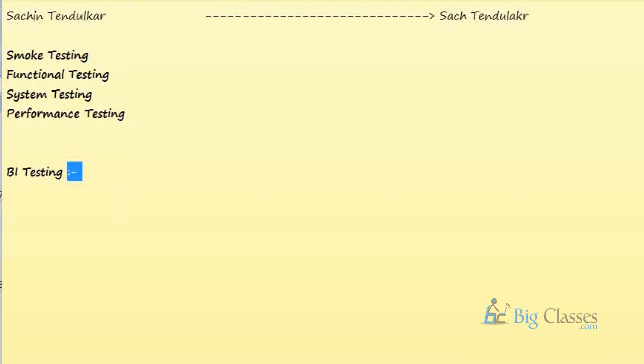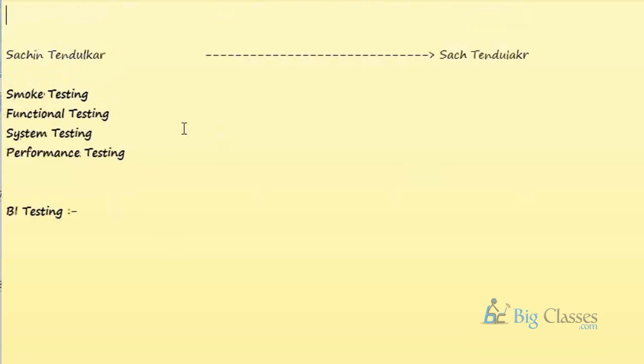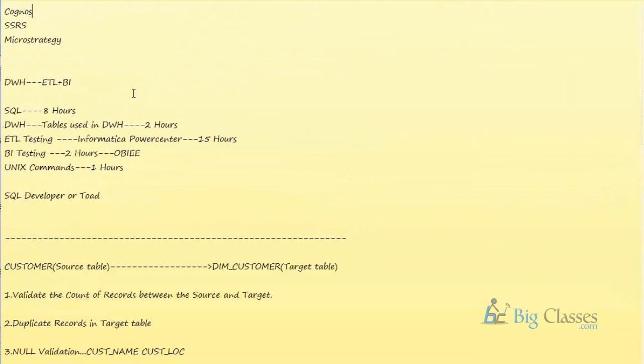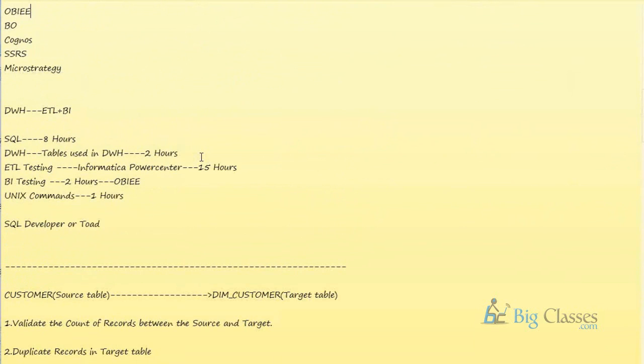We will not be doing it in detail, in the sense that it is more like a manual testing process. When you go to OBIEE and all, there are things you have to understand, such as how the data will be validated.